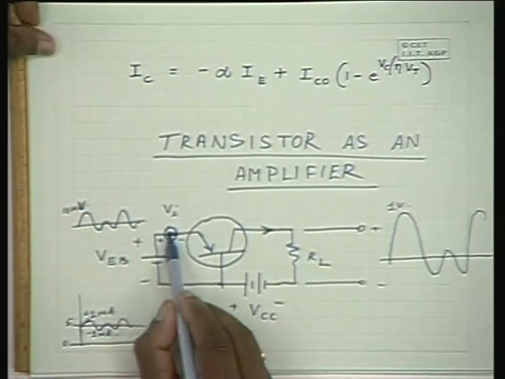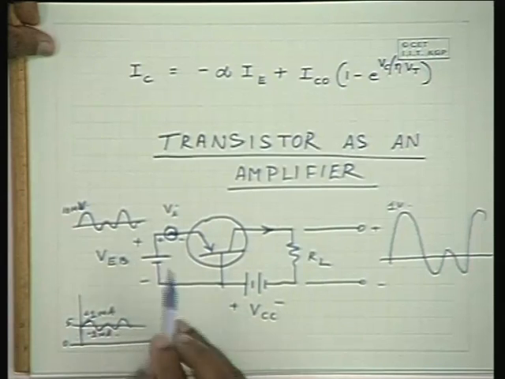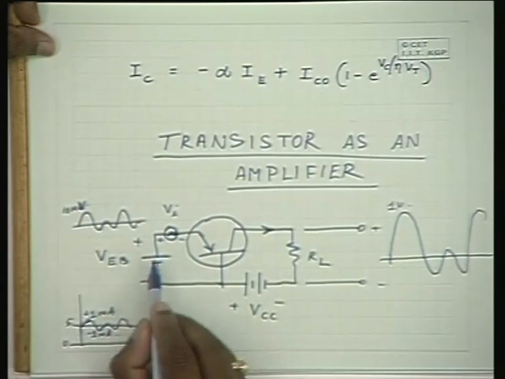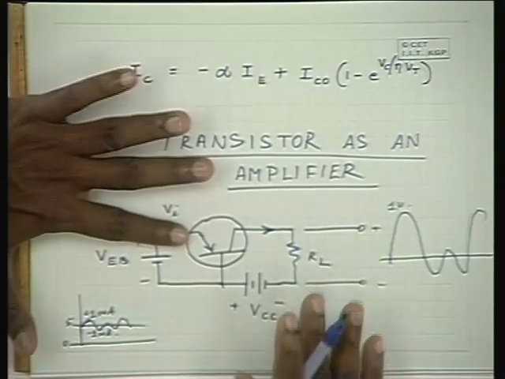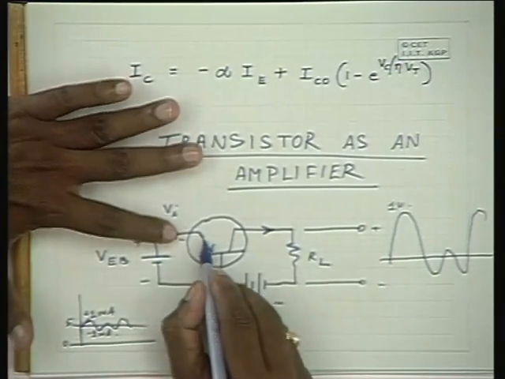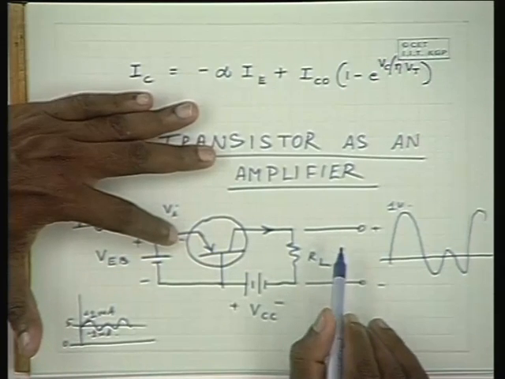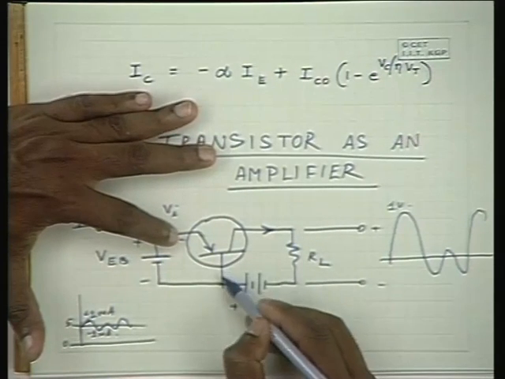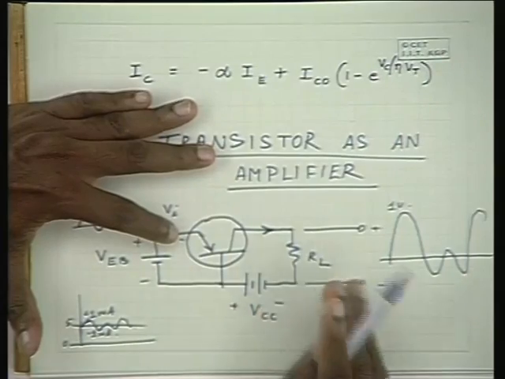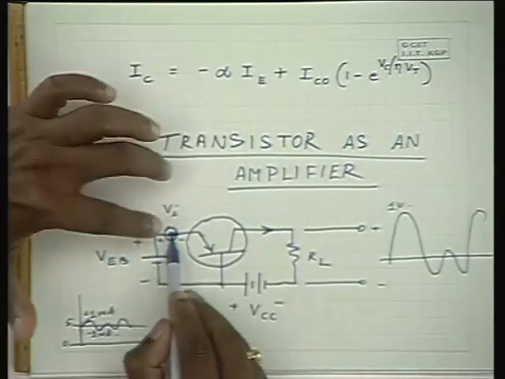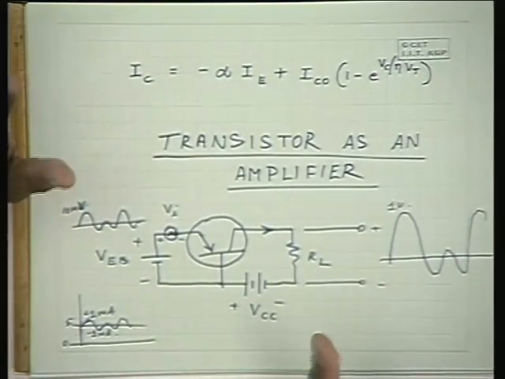When you apply this voltage here, let us say the emitter current, when this voltage is not there, is 5 milliamperes. Say 98% of that 5 milliamperes goes to the collector and 2% of it goes out of the base. So that is the situation when this alternating potential is not introduced.